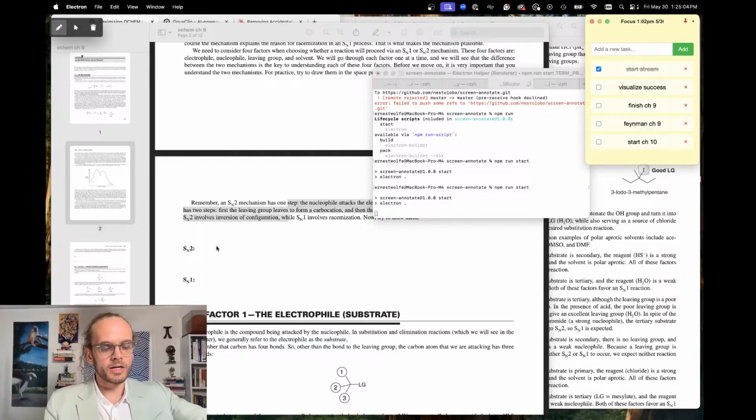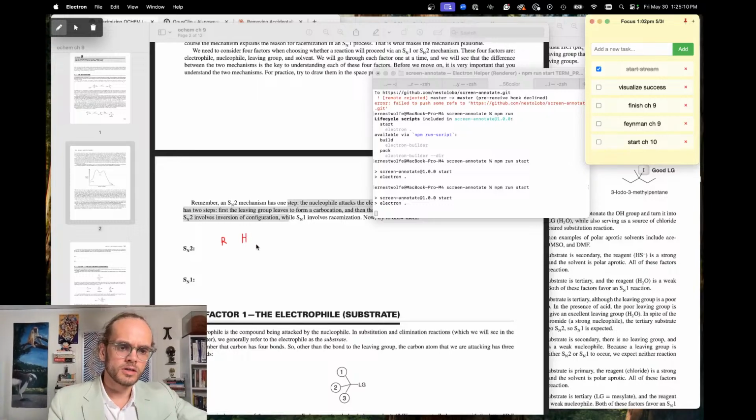So SN1 is going to be, you have R, you have H, you have R, and I think it's like this, this, and this. And we have this center.